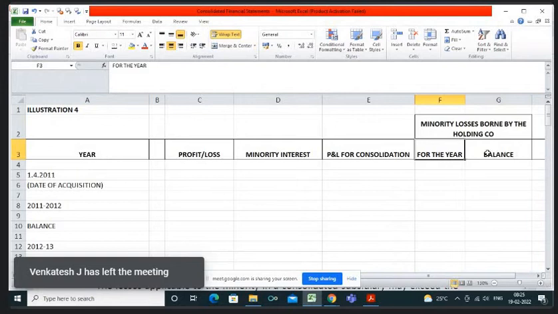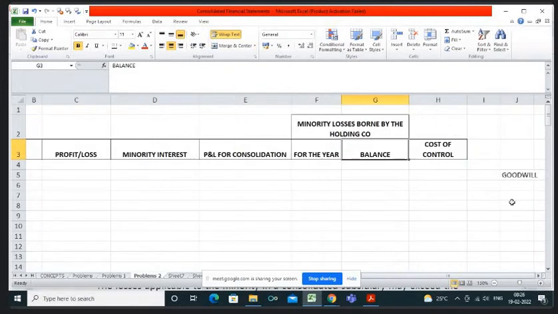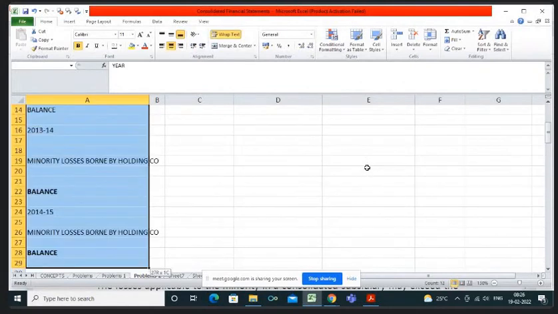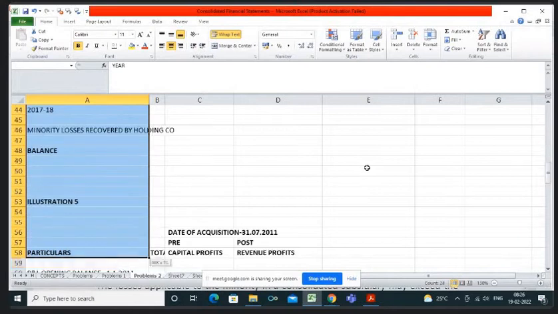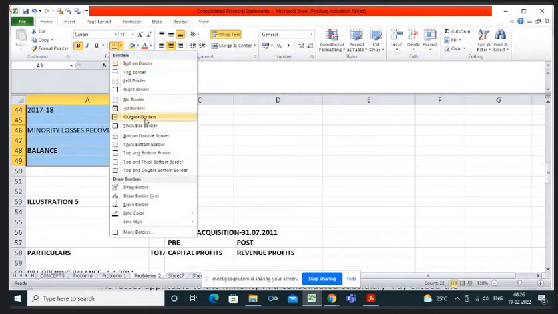One is for the year and the other is a balance amount. Then we'll have the cost of control. Let me draw some lines. Outside borders.